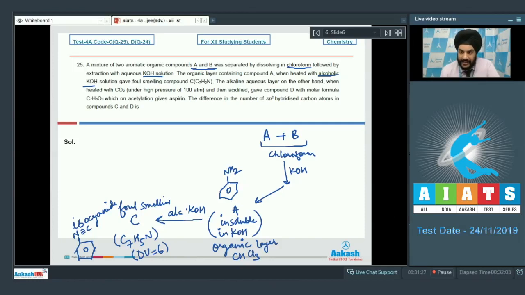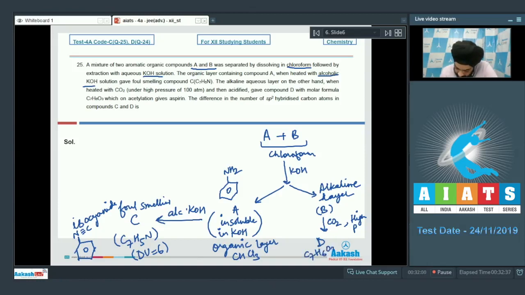It is further given to us that the alkaline aqueous layer will contain the compound B. It was heated with CO2 under high pressure, so it was allowed to react with CO2 under high pressure. It formed a compound D. The formula of D is given to us. It is C7H6O3.